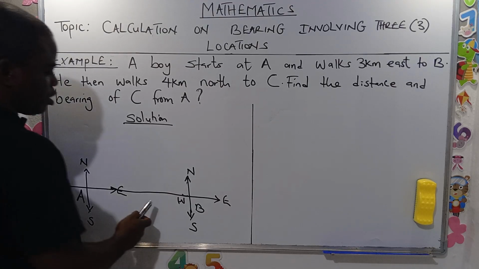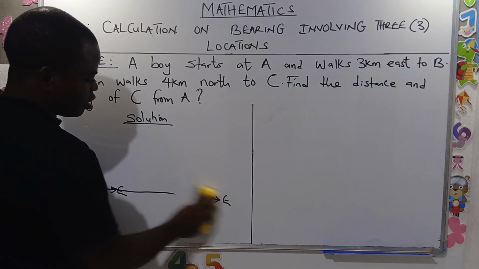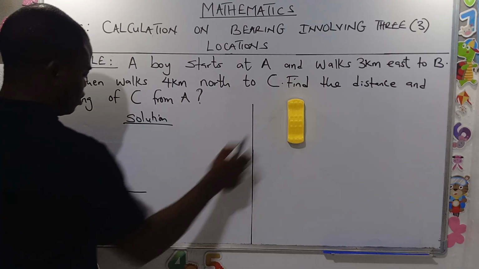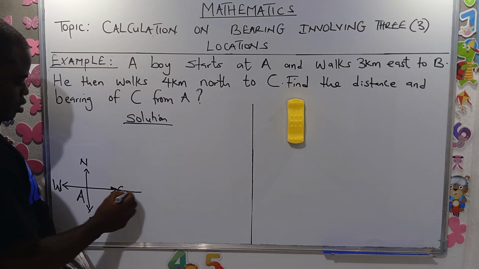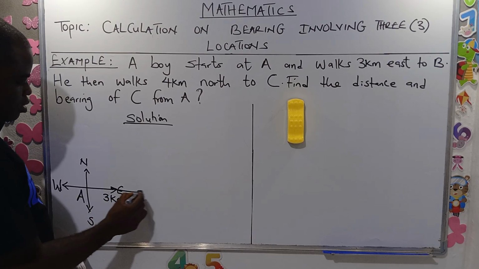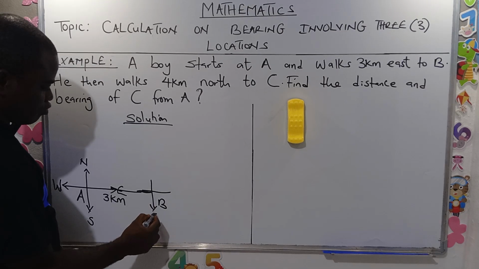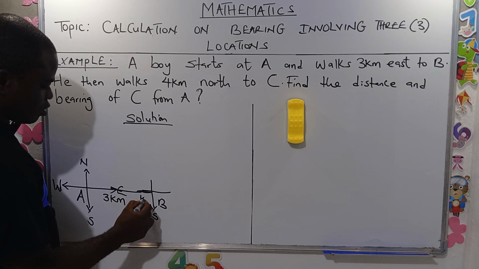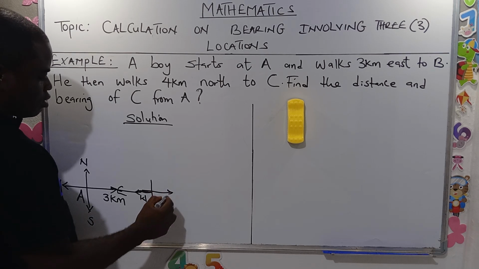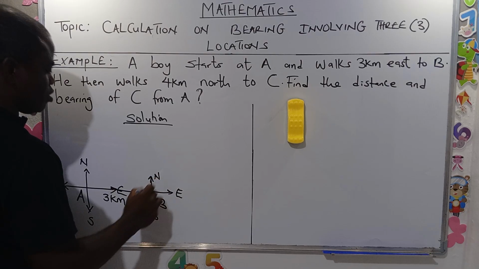Since the distance is less than 4 kilometers, let's make it shorter in distance. That's 3 kilometers to point B. This is the west of point B, this is the east of point B, and this is the north.